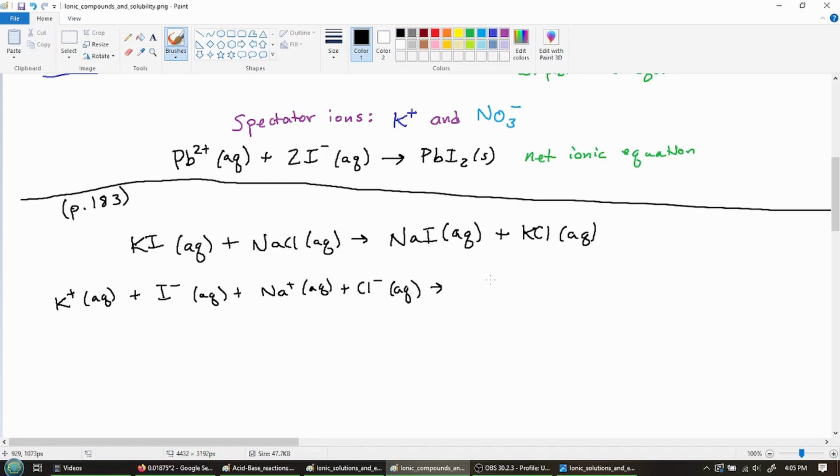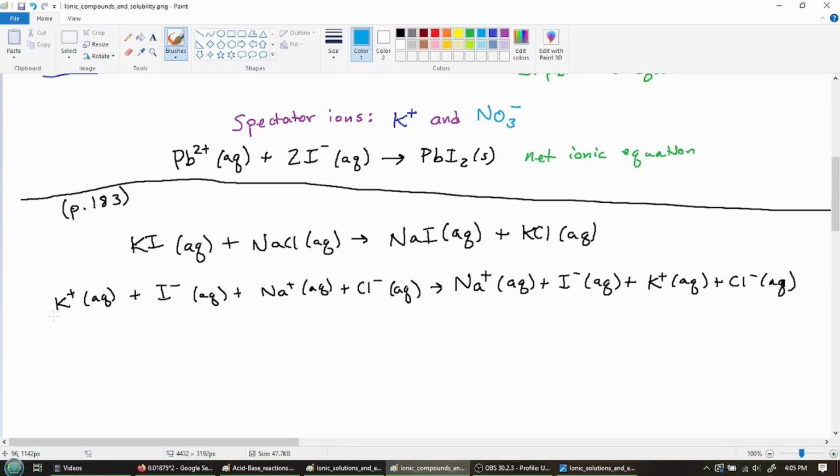Now on the product side, sodium iodide is soluble, so let's write that as aqueous sodium plus aqueous iodide, and potassium chloride is also aqueous because that one's soluble. So this will be K+ aqueous plus Cl- aqueous. All right, let's identify our spectators.